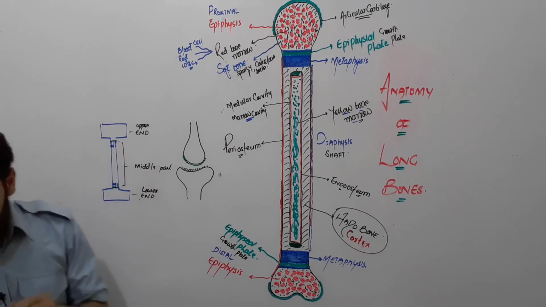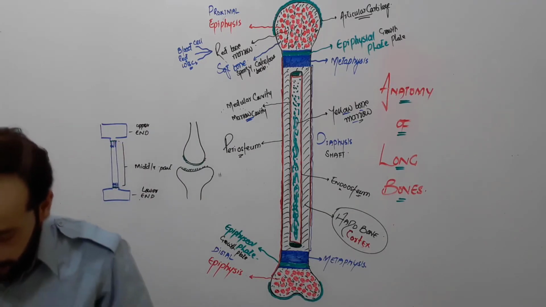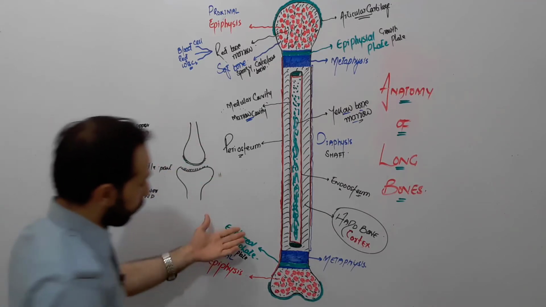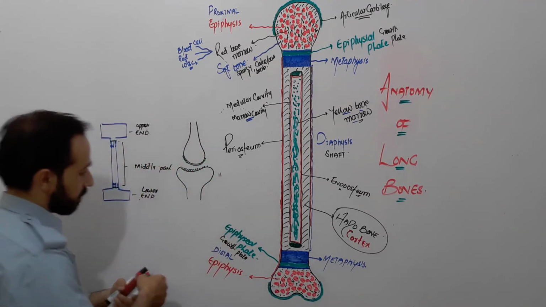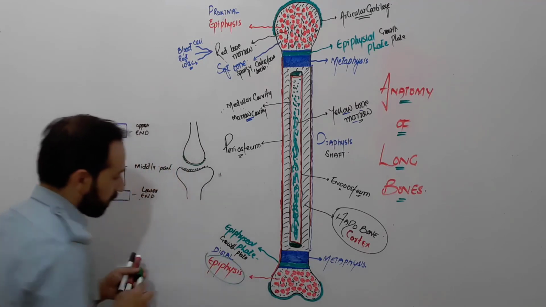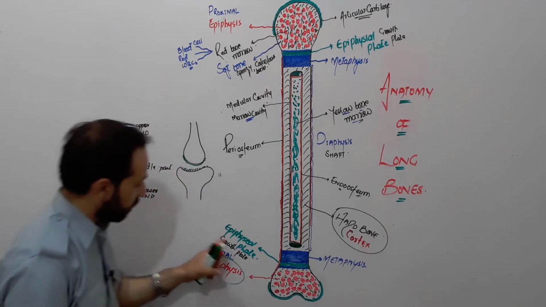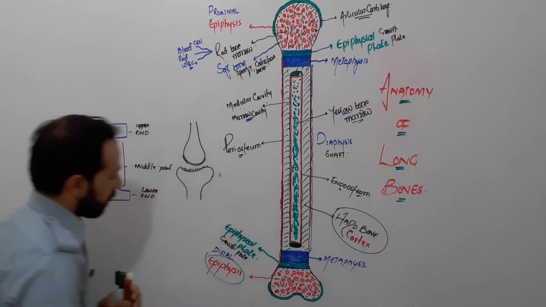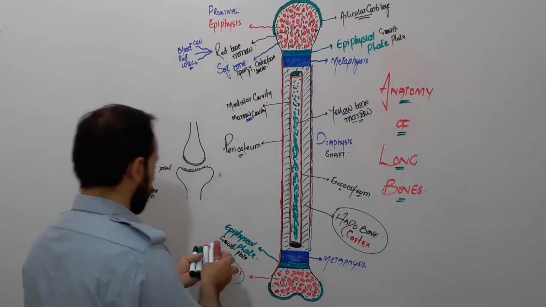So this was about the anatomy of this long bone, very simplified anatomy as I explained here. These are epiphysis, right? Proximal epiphysis, distal epiphysis, epiphyseal plate, and this is also known as growth plate.